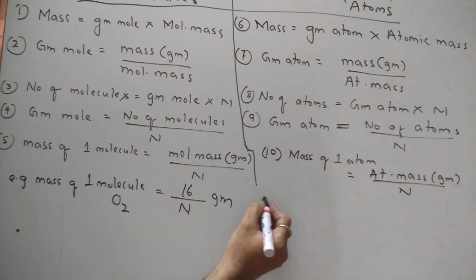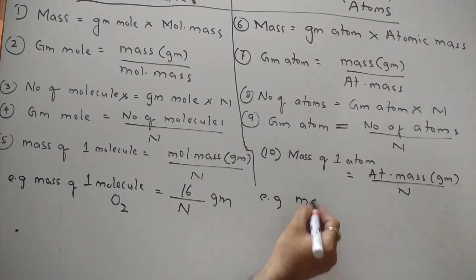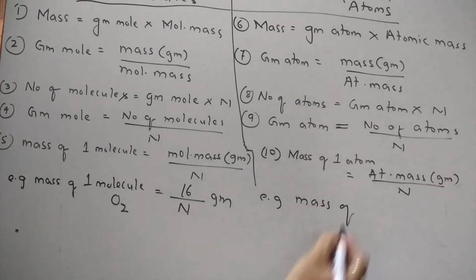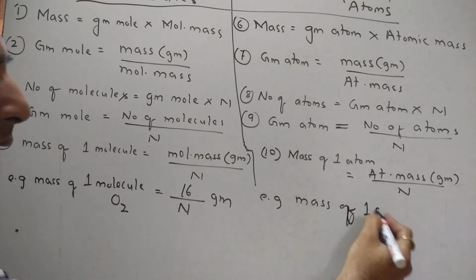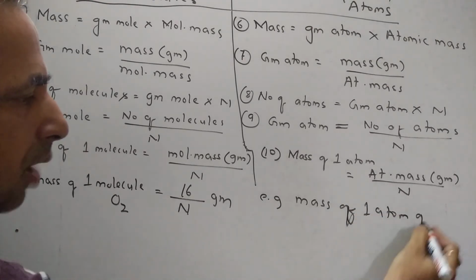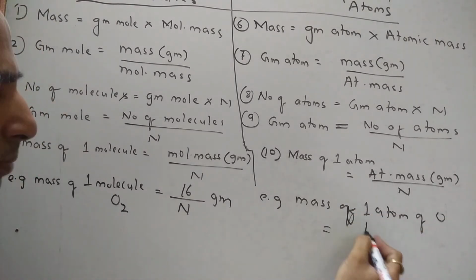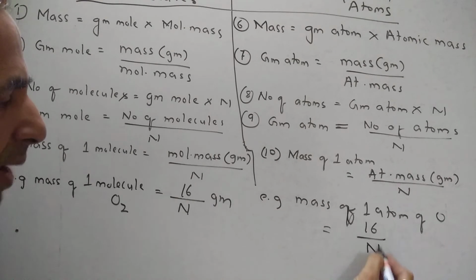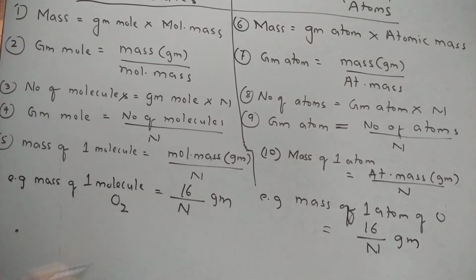And in this case, for example, mass of one atom of O is equal to O atomic mass 16 divided by N grams. So once again, if we take the mass of one molecule of O2, it is molecular mass by N grams. But here the mass of one atom of oxygen is the atomic mass 16 by N grams.